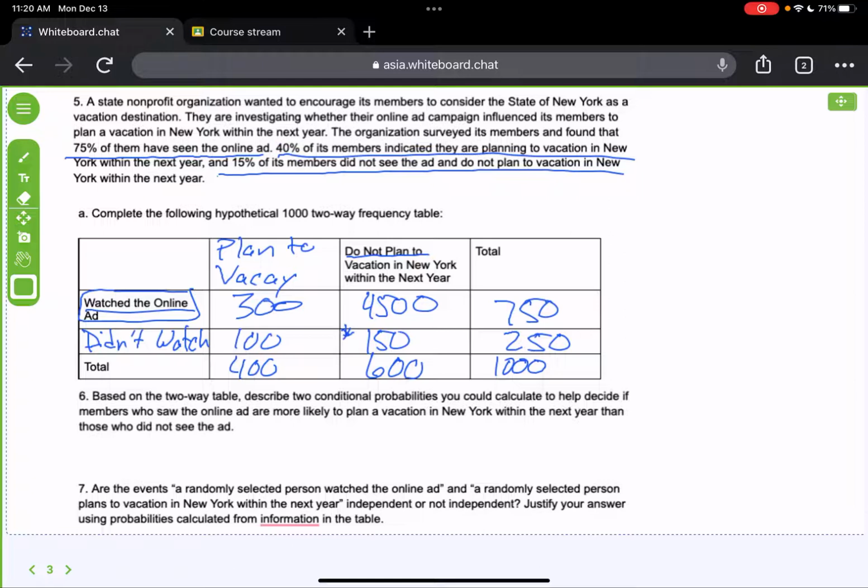Those that watch the ad, plus what's another form that we could look at? Those that watch the ad and what else? How would we figure out this answer here?